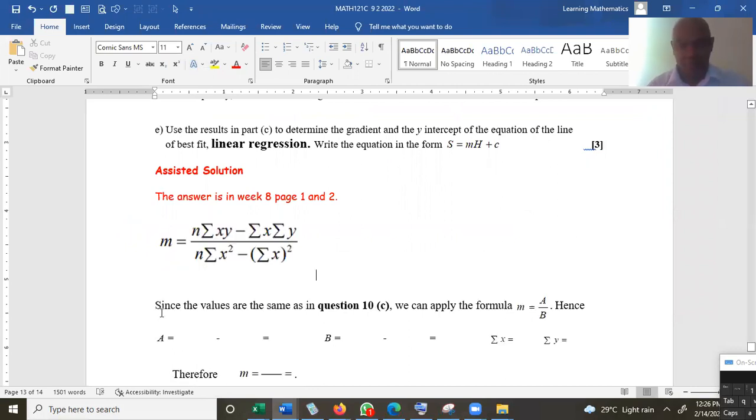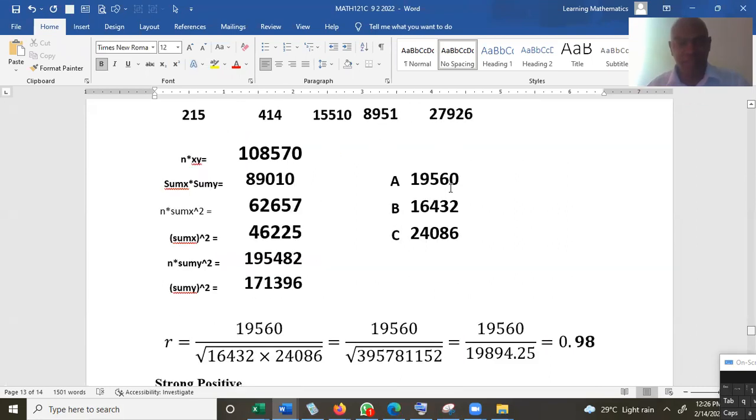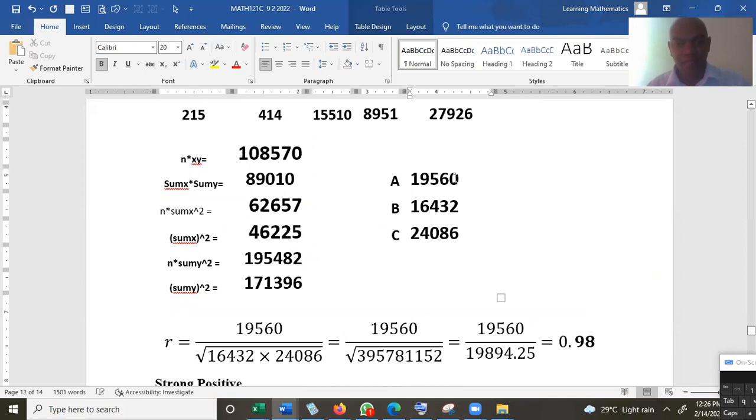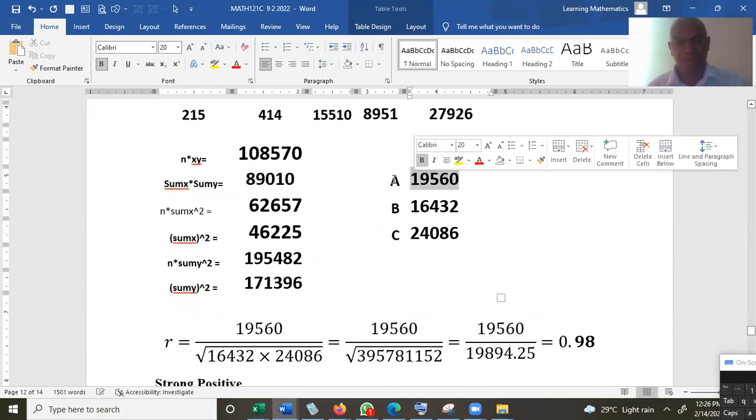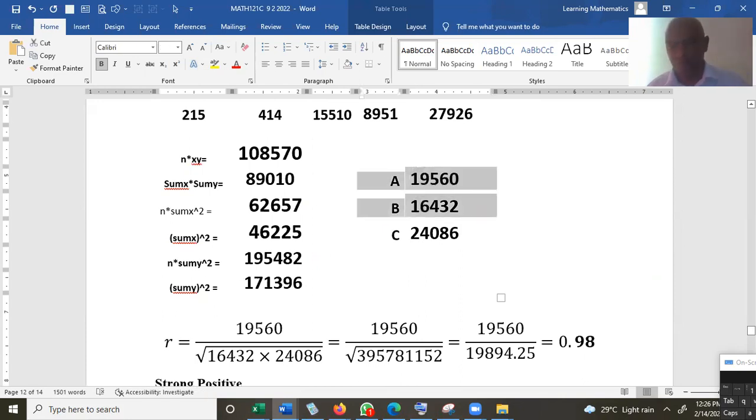In the help that is given already, it says since the values are the same as in number 11 part C, we can apply the formula m is equal to A over B. So when we go back to part C, A is 19,560 and B is 16,452.